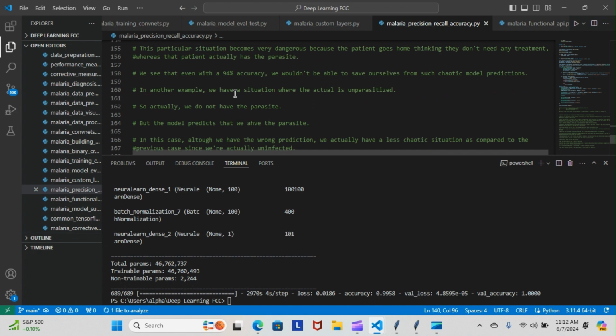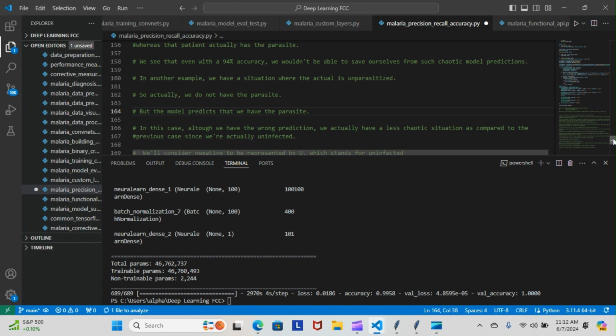In another example, we have a situation where the actual is unparasitized. So actually, we don't have the parasite, but the model predicts that we have the parasite. So it'll be the exact opposite of what I just said. The actual will be that we don't have the parasite, but the model will predict that we do have it. So we would go home worried when we don't actually have the parasite at all.